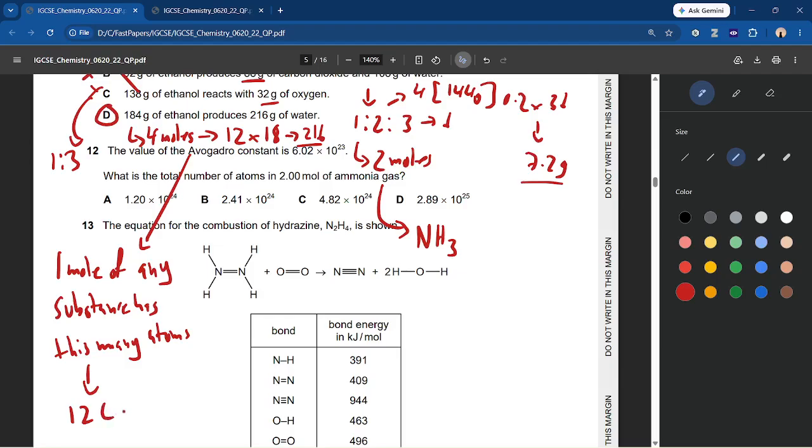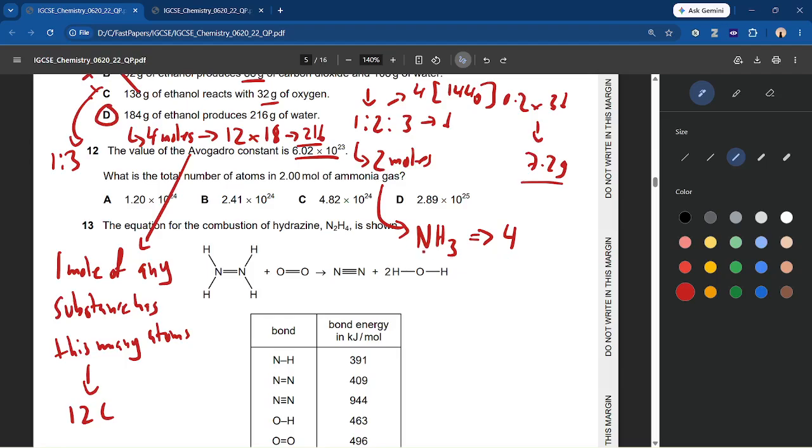So that means that in 1 mole of just carbon, or 1 mole of any substance, any element, has this many atoms. Over here you have 4 different, I'm not going to say molecules, I'm going to say 4 particles.